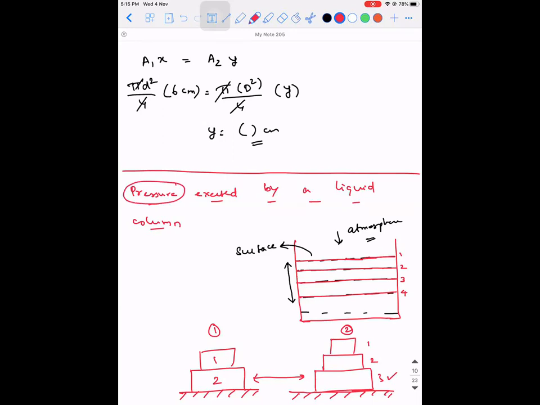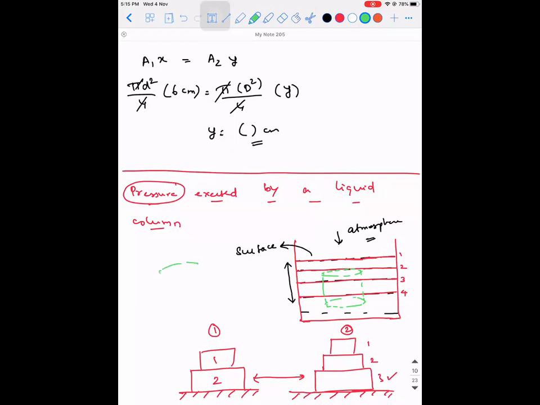Are you guys able to understand this? So, if I take a small portion of liquid like this, why I'm using dotted lines is because whenever I use dotted lines, it is imaginary.